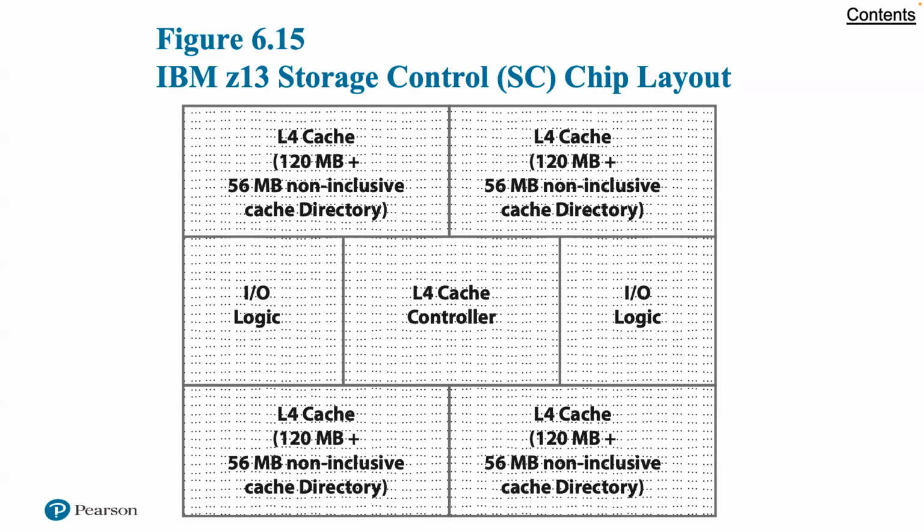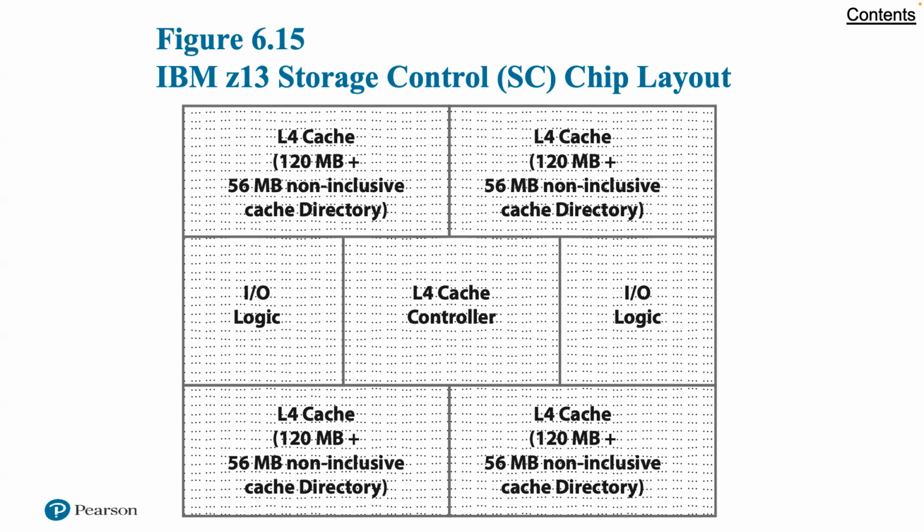3 PU chips share a 4 megabit EDRAM L4 cache. You can go back to figure 5.18 to see an example of what that would look like. The L4 cache is on a separate storage controller, SC, chip. This is an example of an EDRAM integrated on the same chip with other memory related logic.